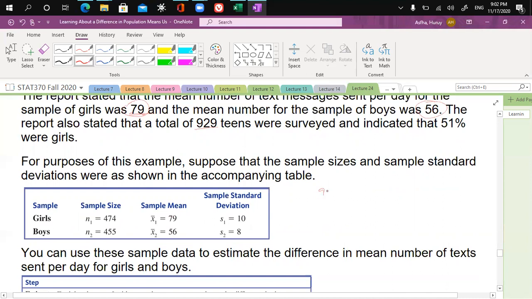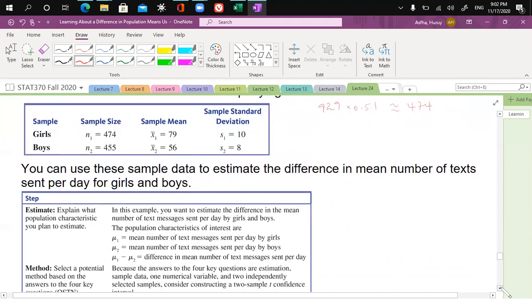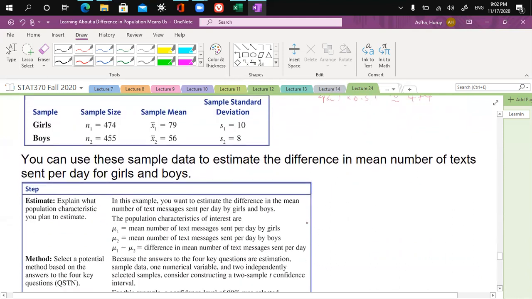In total, we have 929. So 51% of this is just multiplying by 0.51, and approximately you will get 474. And then the other one becomes 455, just subtract it from this one. So here we have this, and using this, we are asked to construct a confidence interval.